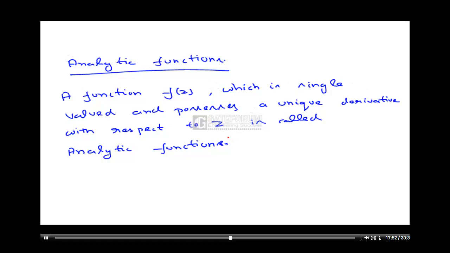This analytic function is also called regular or holomorphic.